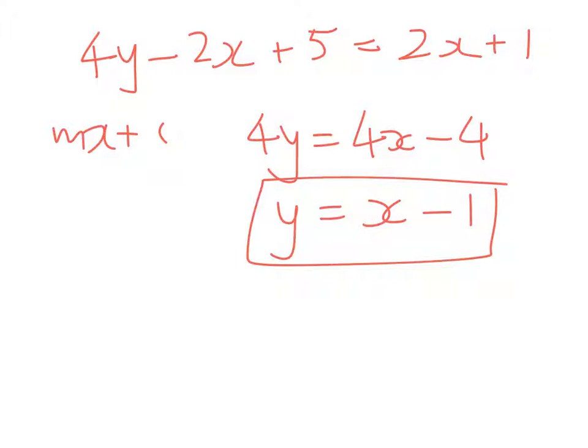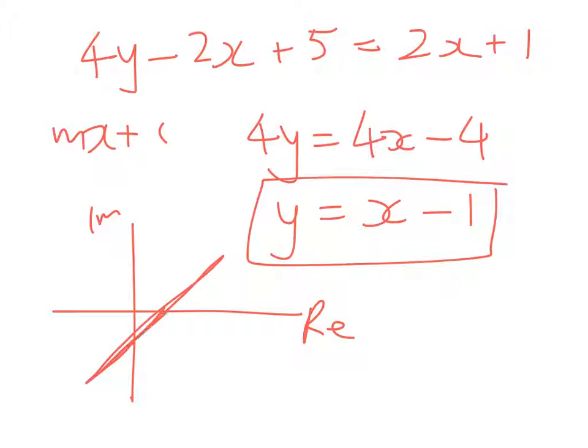So that is the locus of points that will satisfy the condition we started out with. So here's that line. So this is the real axis and this is the imaginary. Y equals x minus 1. So it just looks like this. In other words, the set of points on that big thick line is going to make this be true.